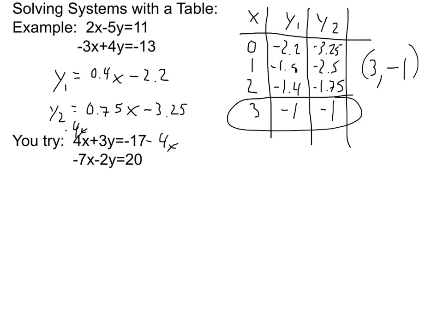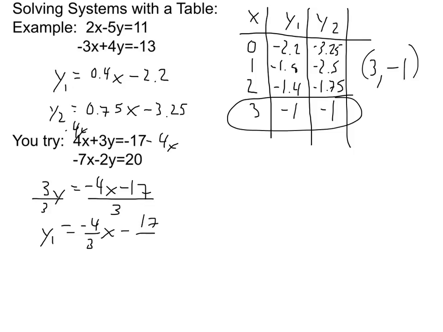I'm going to rearrange the right side, so 3y, because the -4x and the 4x cancel, equals, I'm going to write the -4x first, -17. Then I need to divide everything by 3. I'm going to have to keep this one in terms of fractions. I know a lot of you don't like that, but we're going to have to. I'm going to call this y1 equals negative 4/3 x minus 17 over 3.